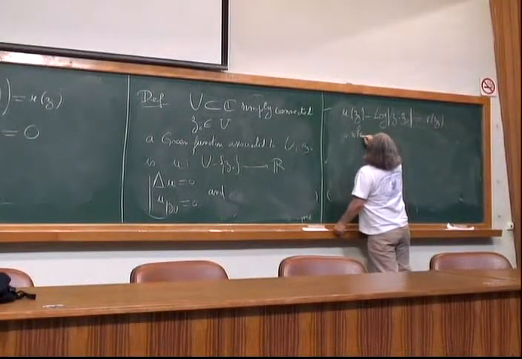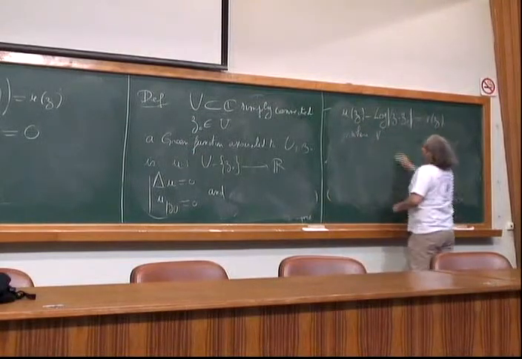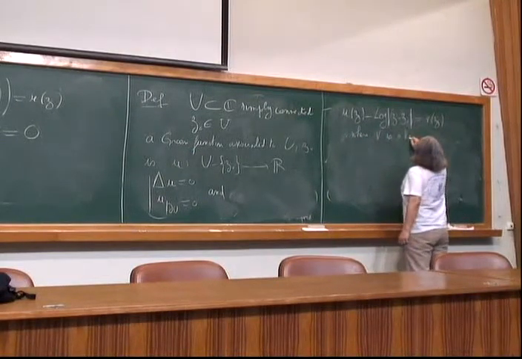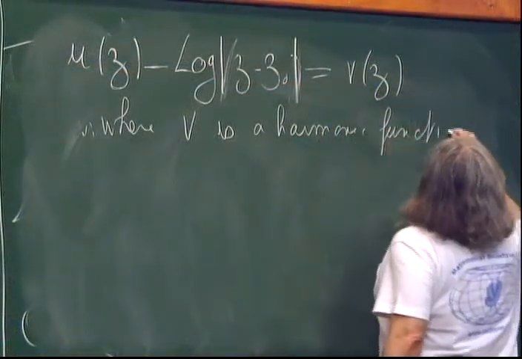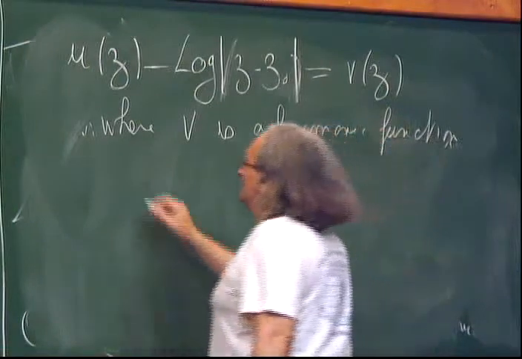Where v is the harmonic function defined in the neighborhood of z0.